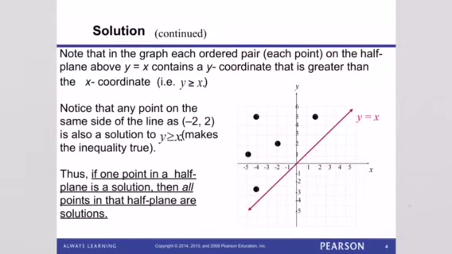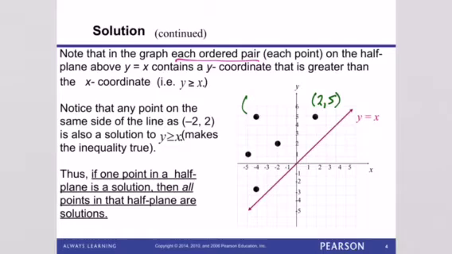Okay, so now what? Look at these 1, 2, 3, 4, 5 black points on here. It says, note that in the graph, each ordered pair, each point on this half plane, in other words, above the y equals x line, contains a y coordinate that's greater than its x coordinate. So for example, this point right here is (2, 5). The y coordinate is bigger.